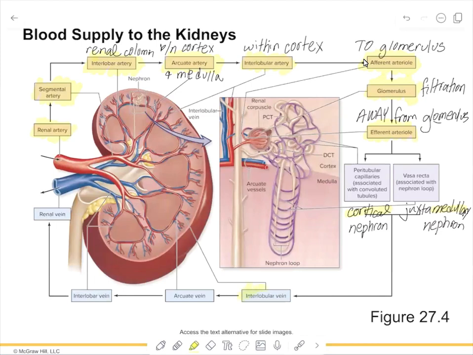It goes out through the interlobular vein, arcuate vein, interlobar vein, and then finally renal vein. Notice that there is no segmental vein. And the locations for the interlobar, the arcuate, and the interlobular are the same as the locations that are up here as well.